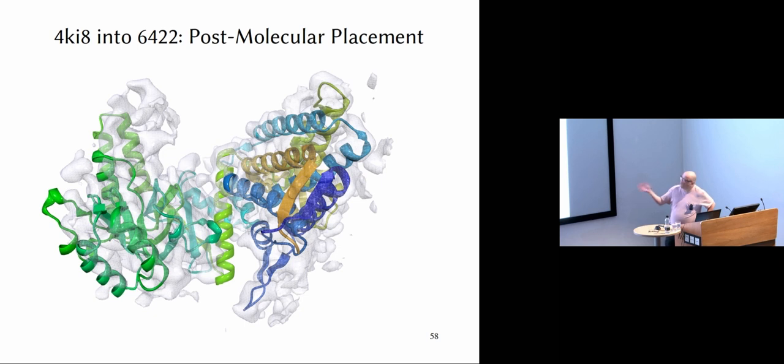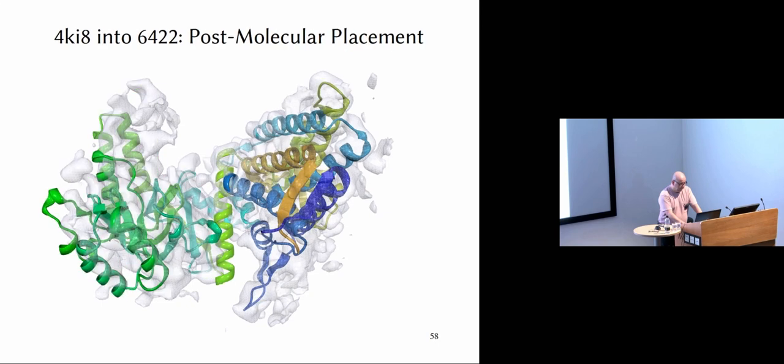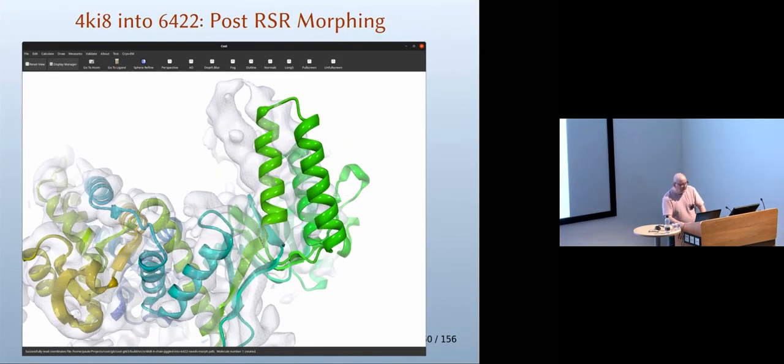This is also a Coot screenshot. Okay, so this is post-molecular replacement, but pre-fitting. And so that is the fitting algorithm results there. Then this sort of operation takes about 30 seconds. Let's look at that from the other side of view.